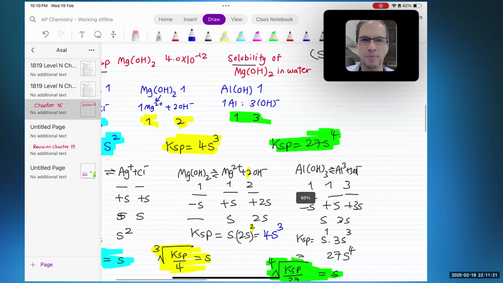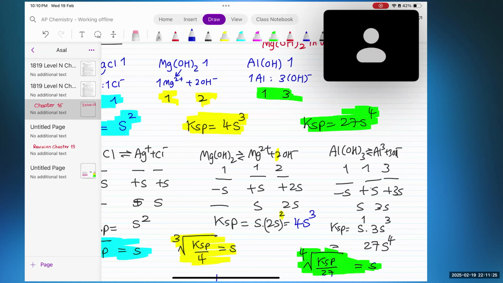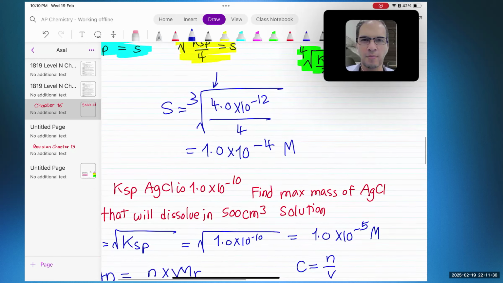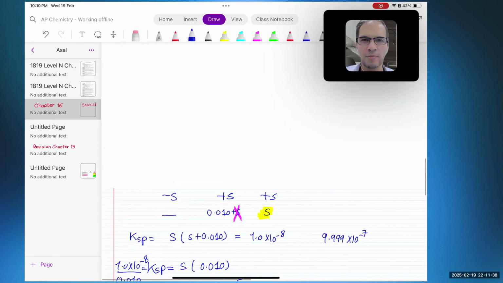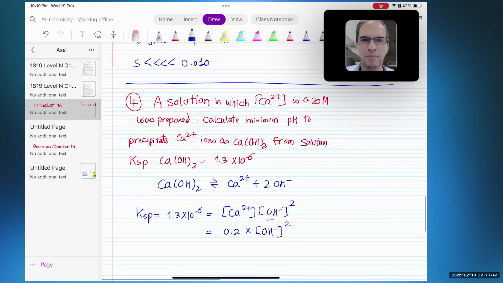So let's see what we have done here. But when we do the ICE table, don't we put the 2? We put it because there is a value, because we say that we put a value. So this is a value itself, all of it is 2S. But here, when we come to here, where is this value? Here it is, this is the value of OH minus. Okay, did you get me?